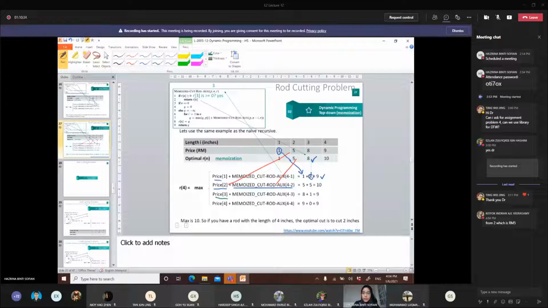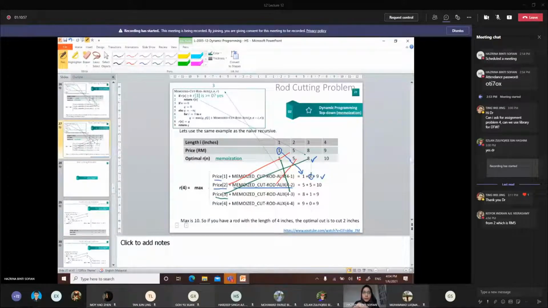And price 3, this price 3 we get from here. Memoized cut rod auxiliary 4 minus 3 is 1. R1, so we will get from here. That's why 8 plus 1.